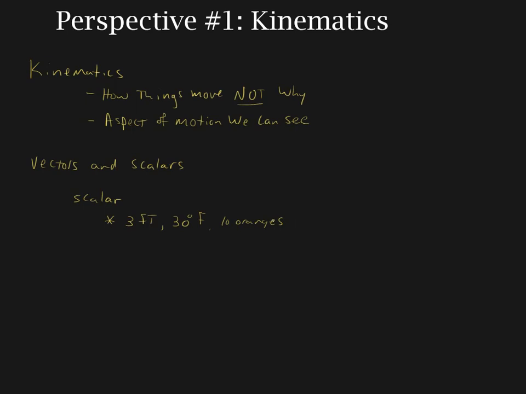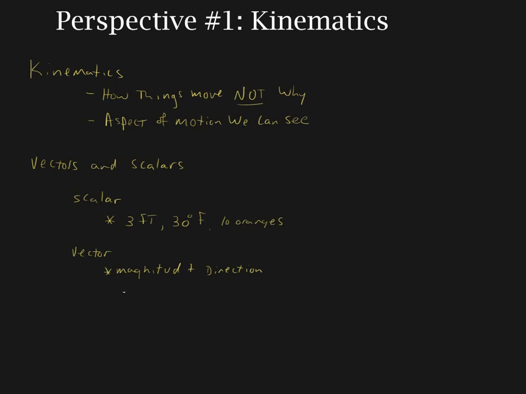But unfortunately in physics, many of the values that we have to work with are vectors. Now, a vector quantity is a quantity that not only gives you the magnitude, but it's magnitude plus direction.